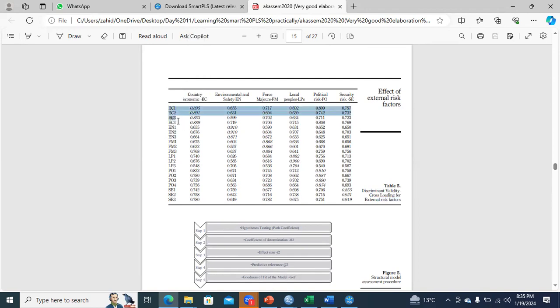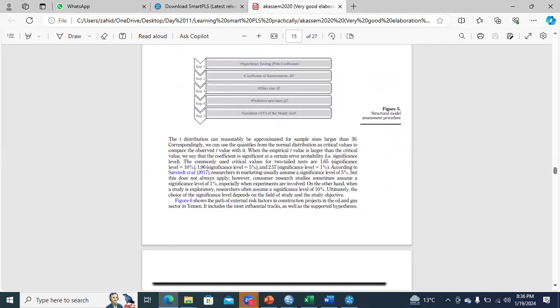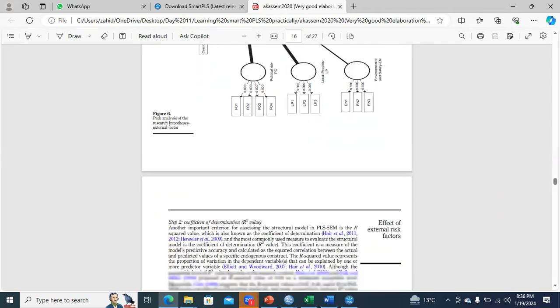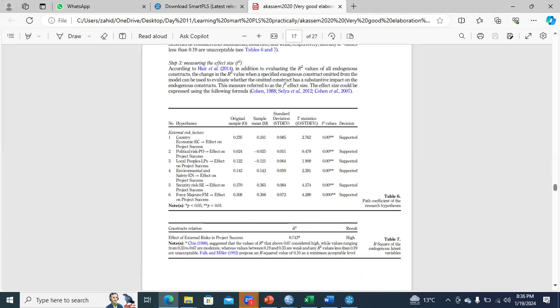EC1 to EC4 are related only to the first factor, and you can see their values are less in other constructs. So we can assess that this is valid, with no cross loading on other factors. This is how you can compare the discriminant validity of your factors.